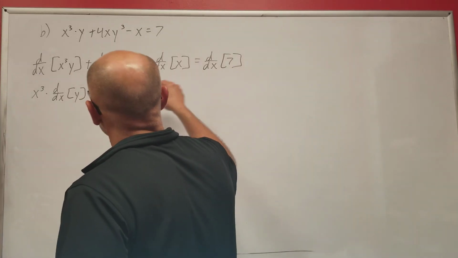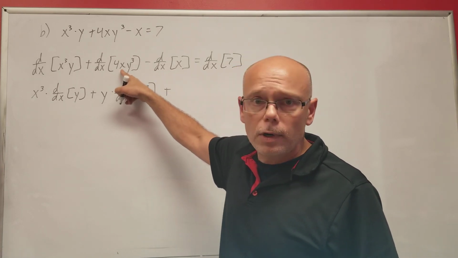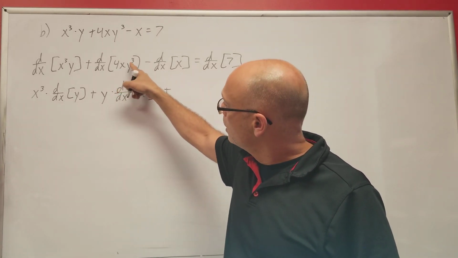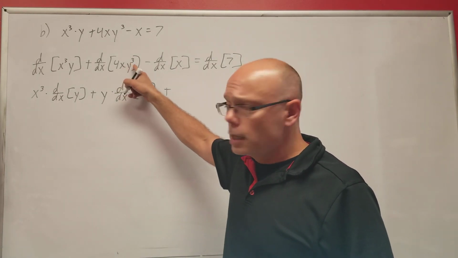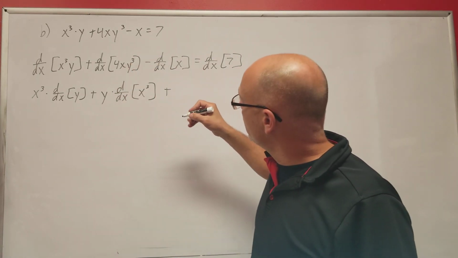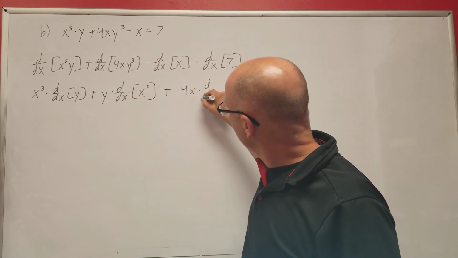Now there's a couple of different ways I could do this one. I'm just going to look at it like 4x is the first part, and y cubed is the second part. So 4x times y cubed, I use a product rule again. I say first, which is 4x, times the derivative of the second.